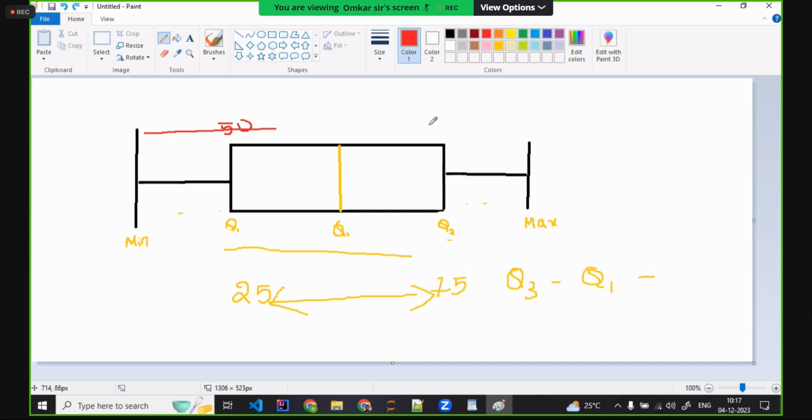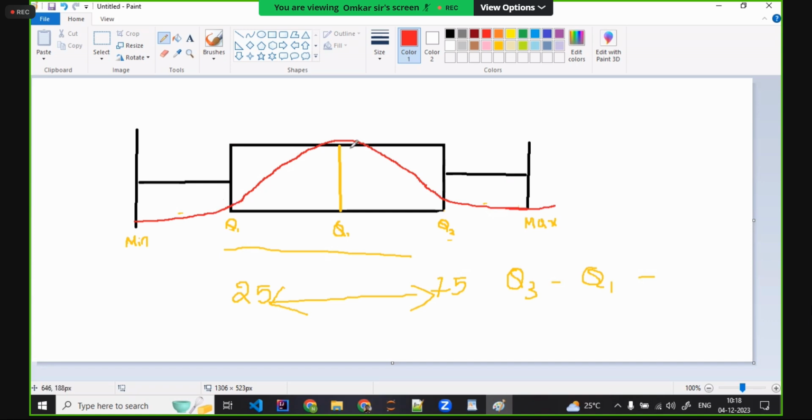Now think like that. There's a data flow going on here like this. Imagine data going like this in the box plot, from here to here.